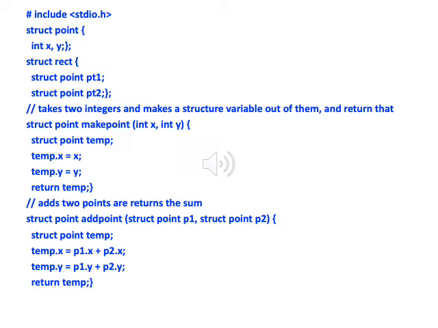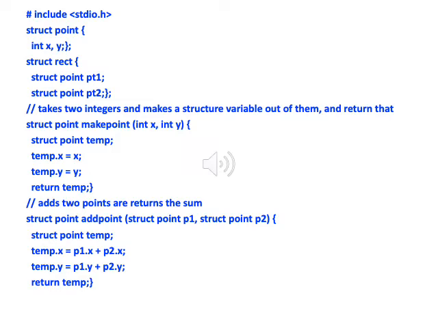Now the second function is add point. This time observe the function arguments. Here the function arguments are two structure variables. We had already said that because structure variables are in many ways like basic variables or non-structure variables, they too can appear as arguments to functions.